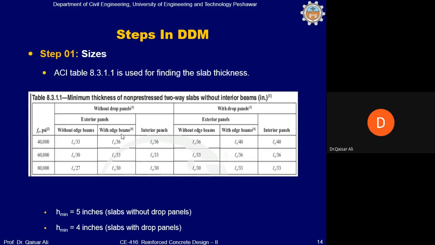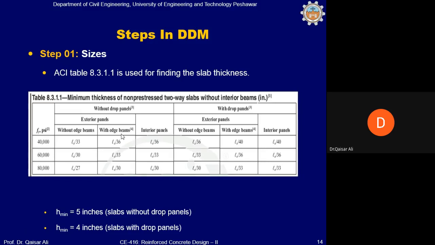If you remember in my explanation where I was telling you about a comparison between slabs with beams and slabs without beams, I said that slabs without beams are preferred in order to reduce the story height.